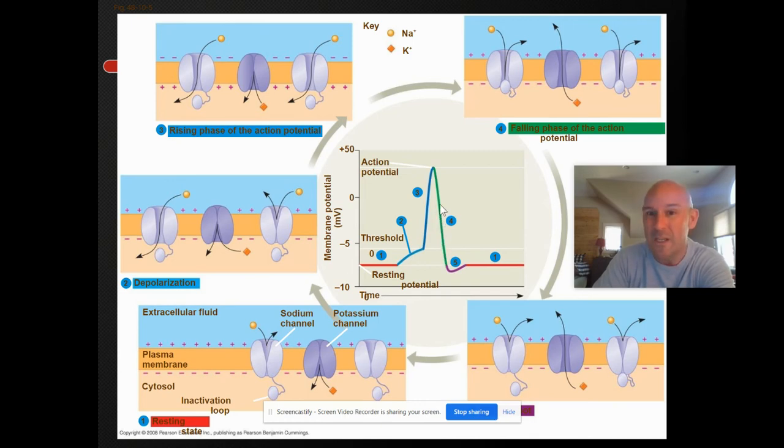This is repolarization. Typically when this happens, it overshoots, right? This is the overshoot right here, hyperpolarization. This is a period of time where the neuron can't fire, a refractory period, until it gets back to a stable resting potential.